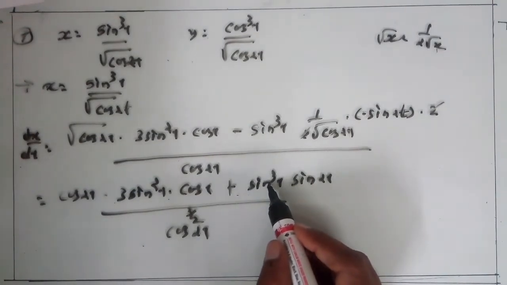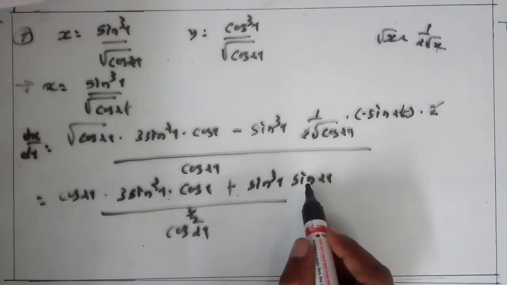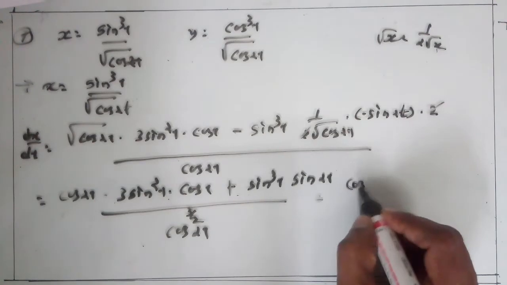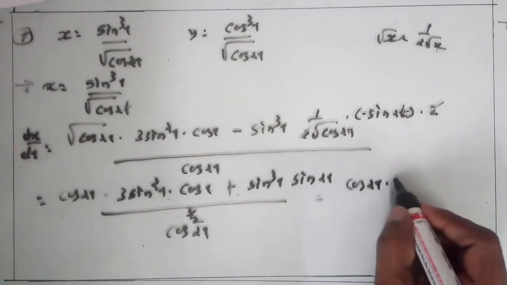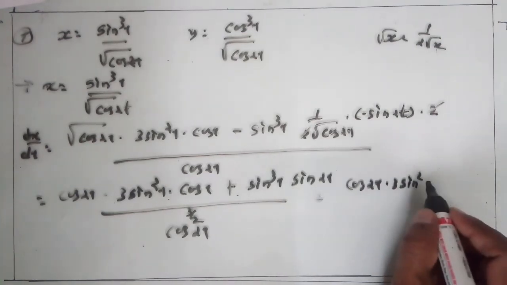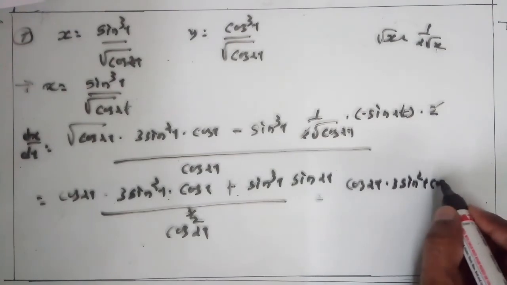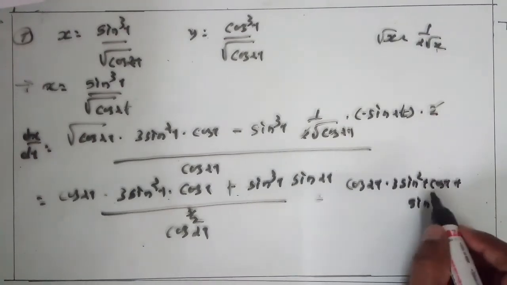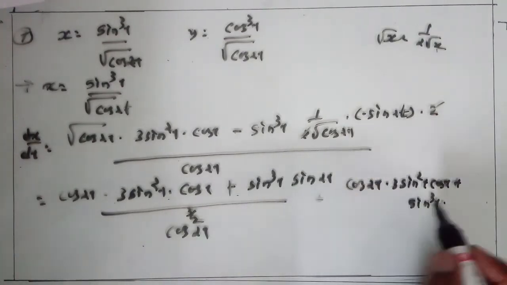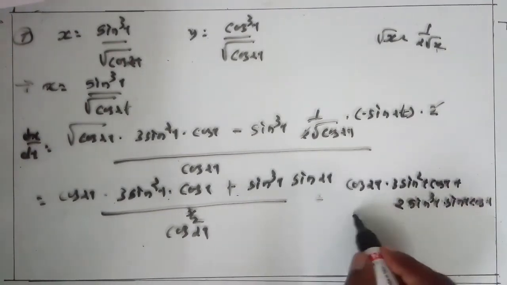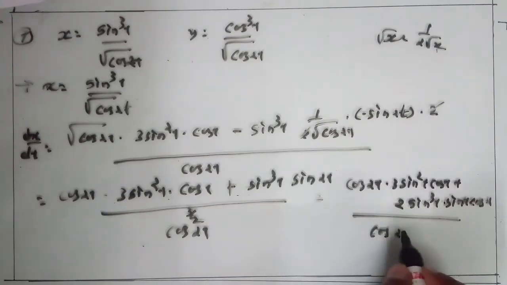Here sin cube t, sin 2t is equal to, first cos 2t into 3 sin square t into cos t plus here sin cube t into sin 2t, where sin 2t is equal to 2 sin t into cos t, okay, upon cos 2t raised to 3 by 2.